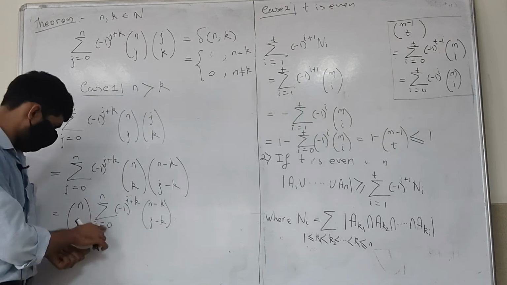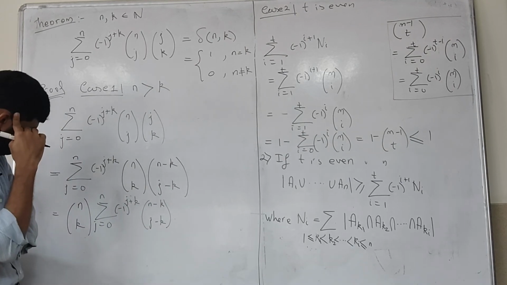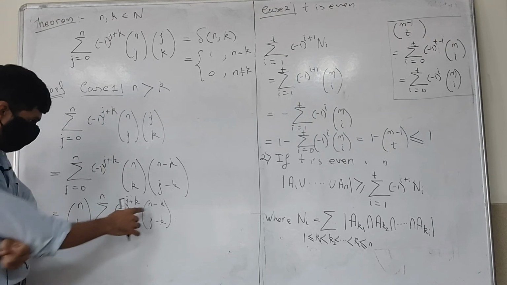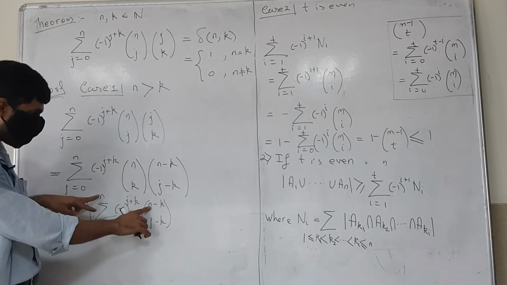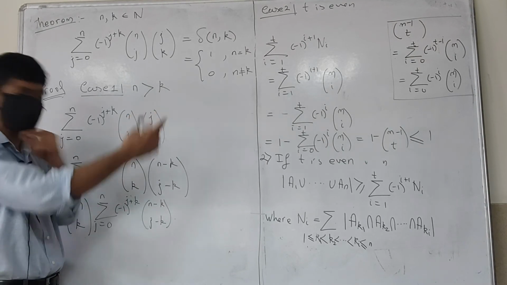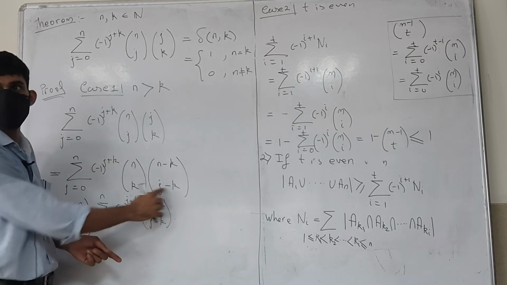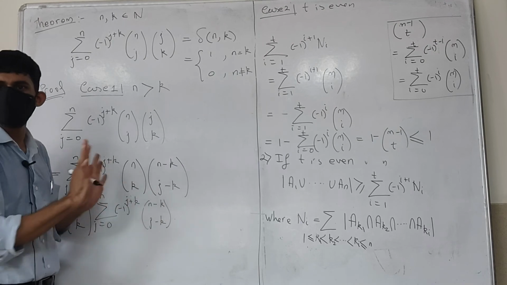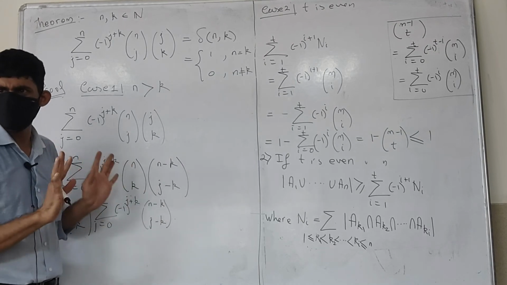Because the moment j exceeds n minus k, this is going to become negative, right? So those binomial coefficients are all 0. From negative you can't choose anything.